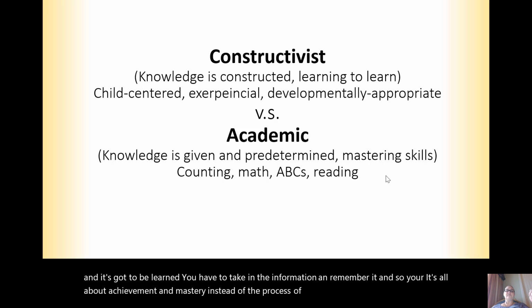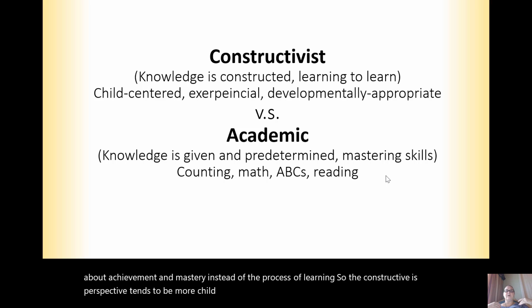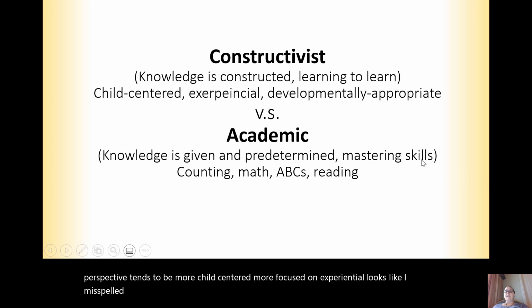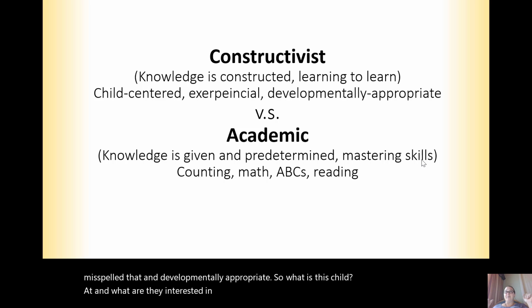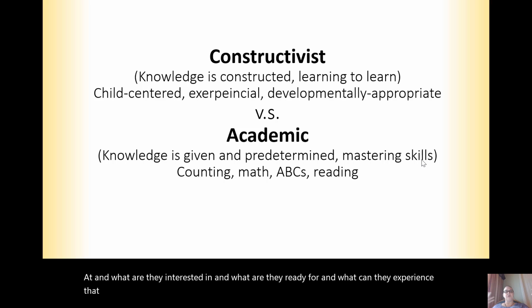So the constructivist perspective tends to be more child-centered, more focused on experiential and developmentally appropriate learning. So what is this child at, and what are they interested in, and what are they ready for, and what can they experience that will really allow them to learn?